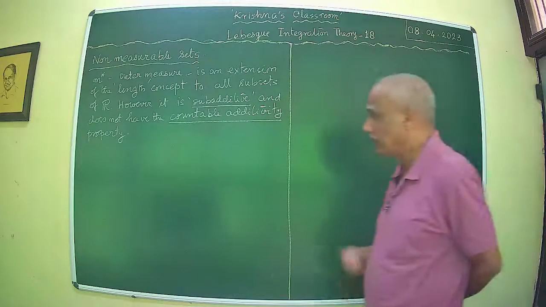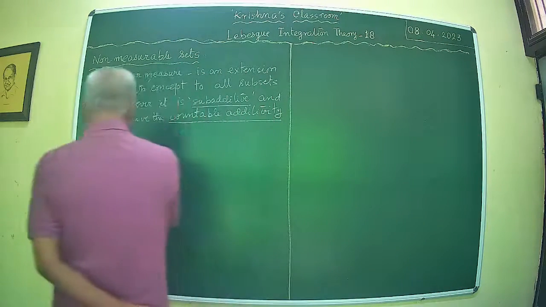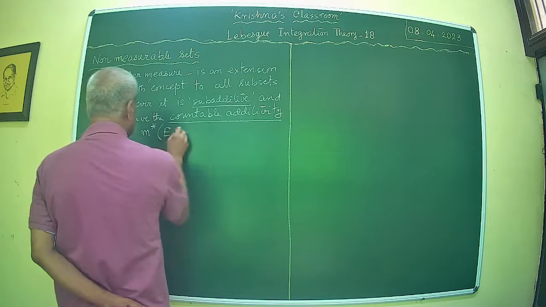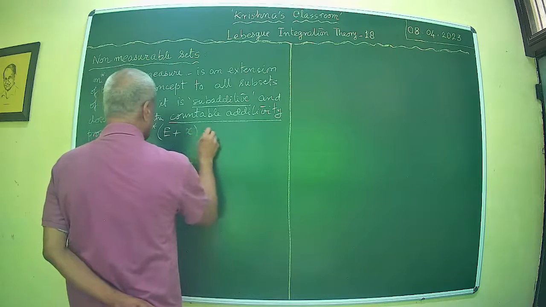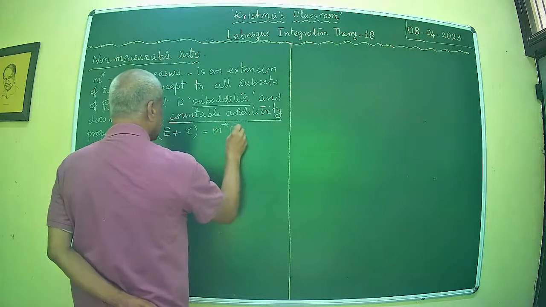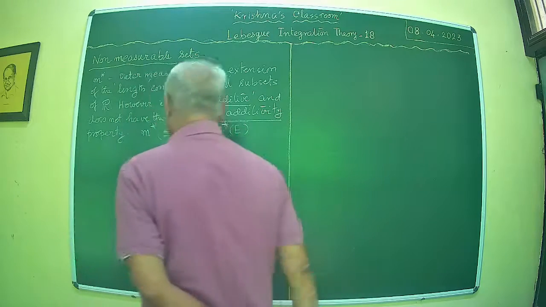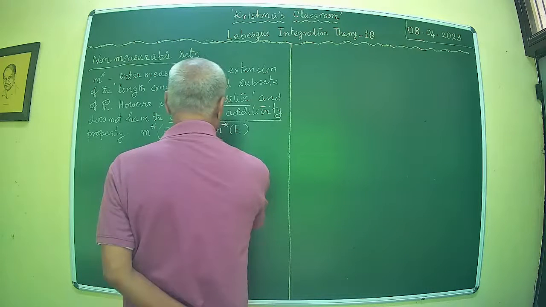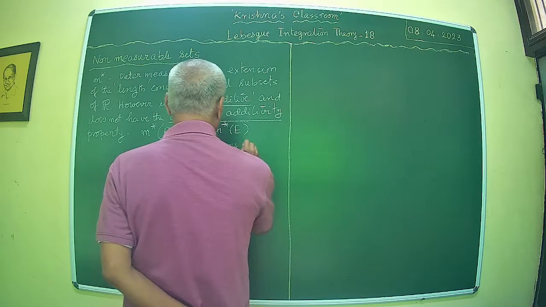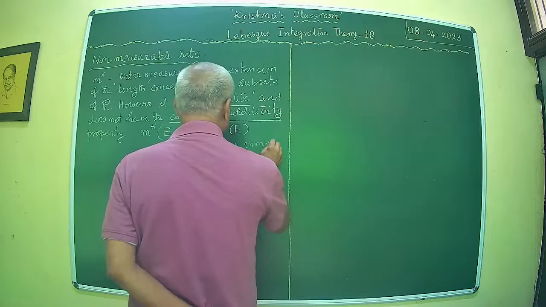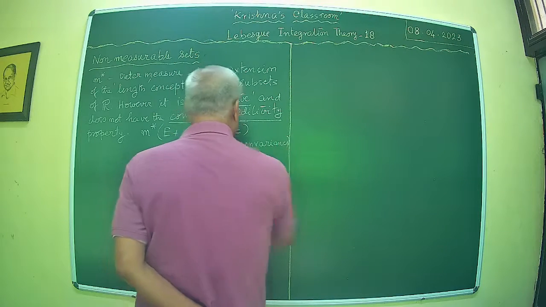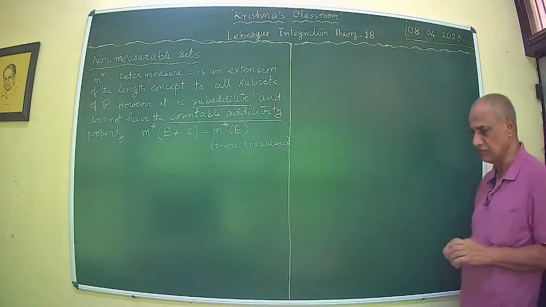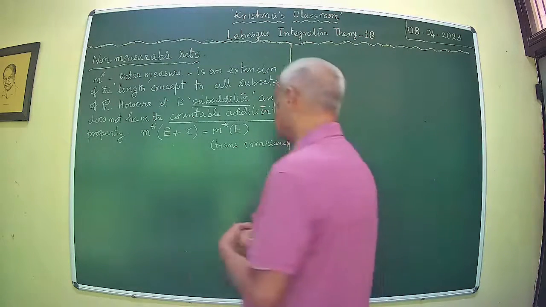However, we had all the other nice properties, such as M star of E plus x equal to M star of E, that is, translation invariance. This is of course your length function, or the concept of length for intervals.